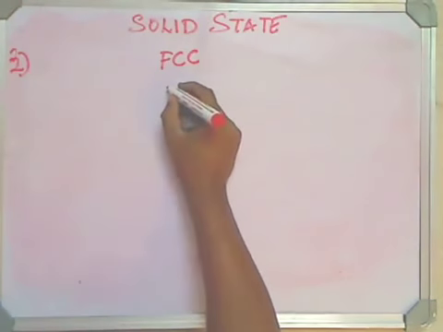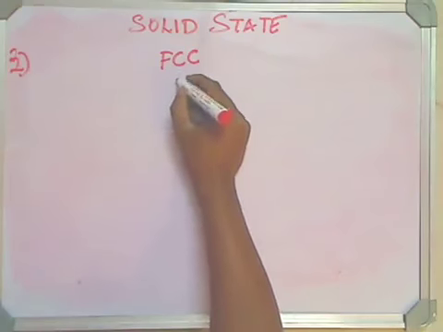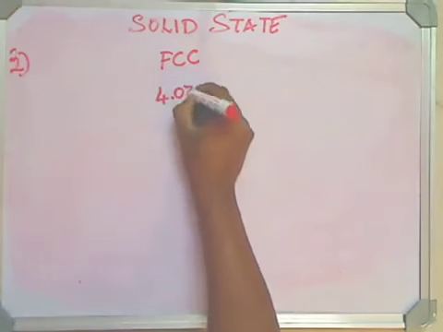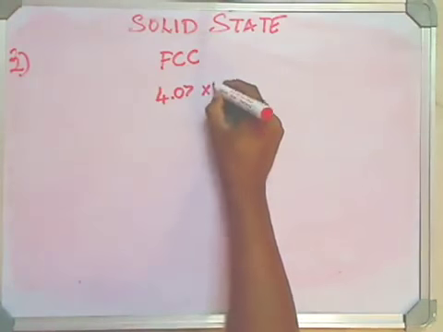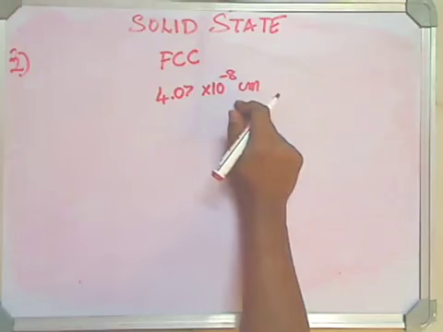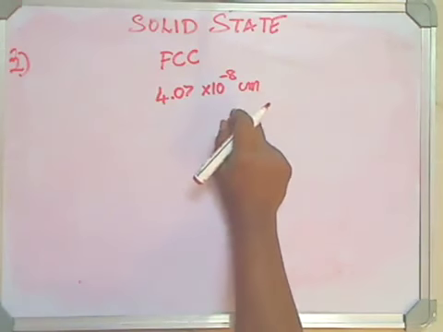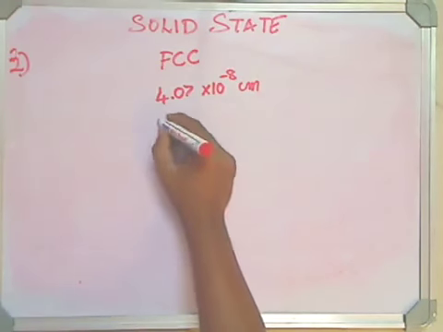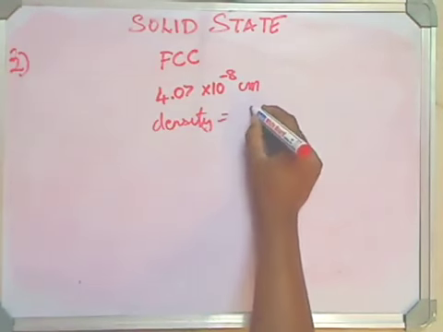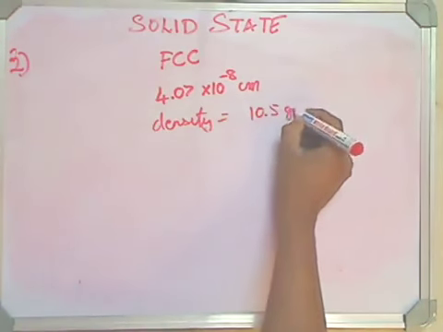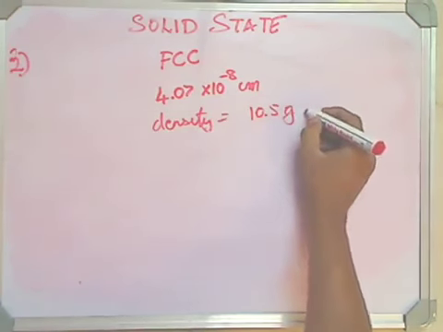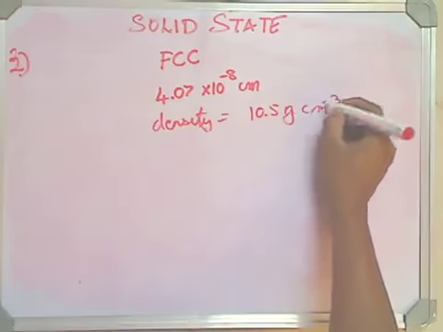So the edge length here has been given as 4.07 multiplied by 10 to the power of minus 8 centimeter. Now this is a really small number. And the density has been given as 10.5 grams per centimeter cube.